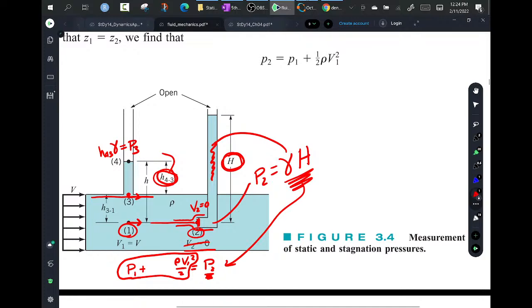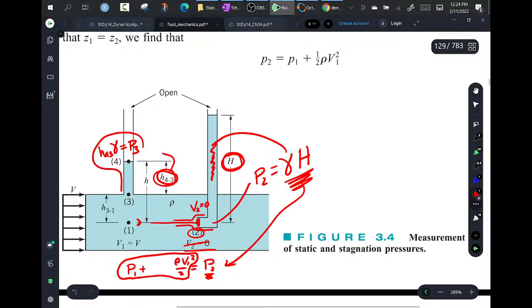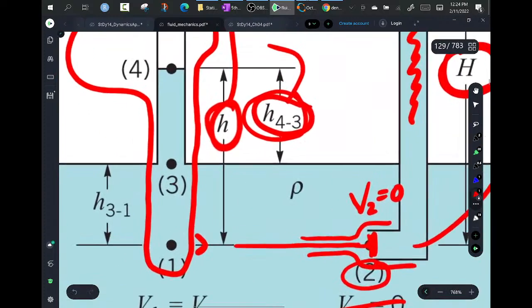Let's say that I want to know the pressure at point 1 using the manometer tube right here. It turns out, and I write this down, pressure at point 1 is equal to this H times the gamma of the fluid. Now, at first glance, you may look at it and say, hey, wait a minute.